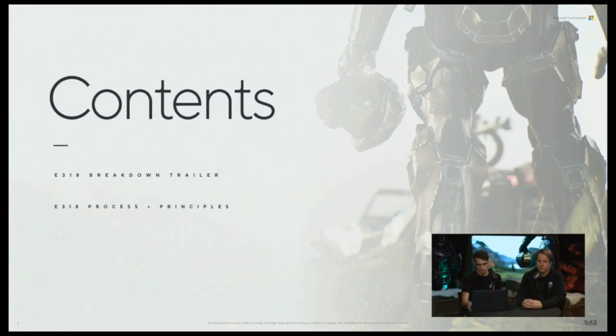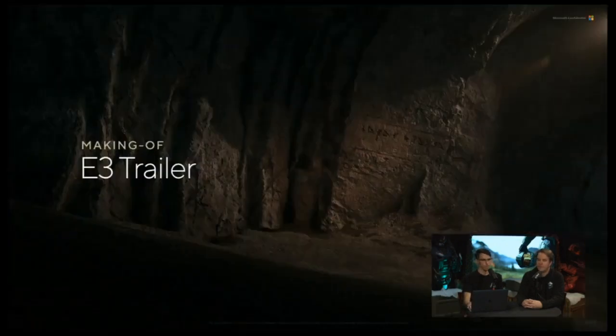And then the last thing is basically just show from concept art to the trailer asset, and there'll be a bunch of shot for shot how it went from concept to the actual final thing. So here we go. Here's a making of the trailer.